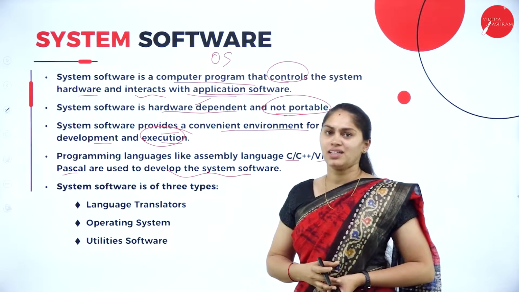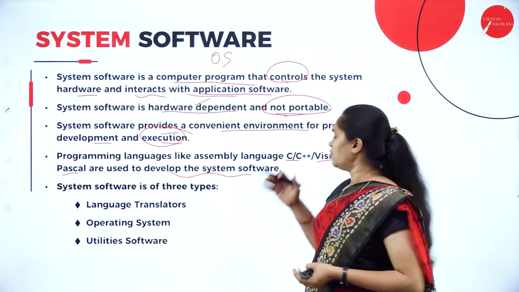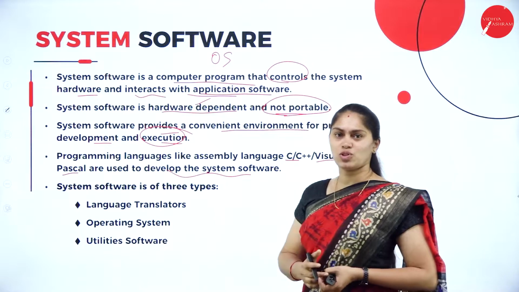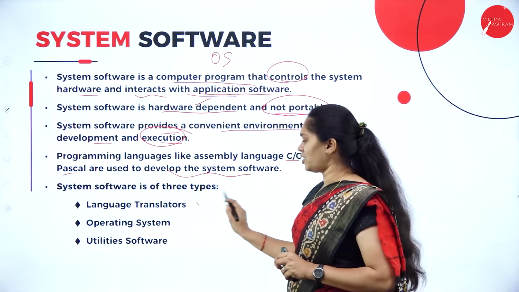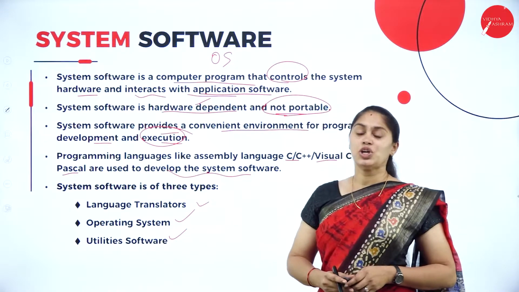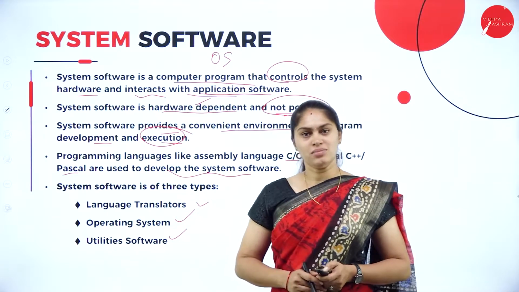For example, operating system, language translator, utility software. In order to build that, we are going to use all these languages. Under the category of system software, it again got classified into language translator, operating system, and then utility software. So these are the different kinds of system software.